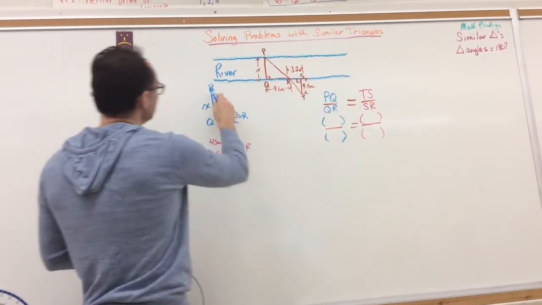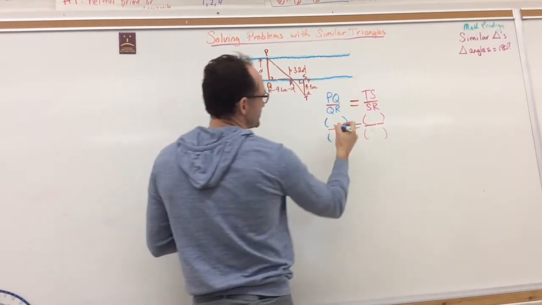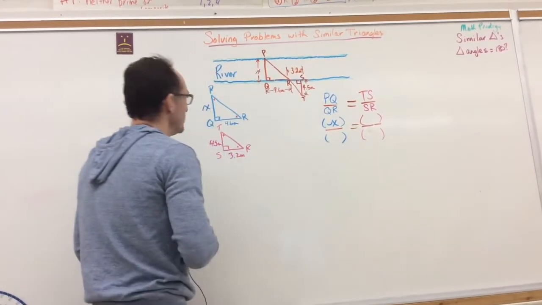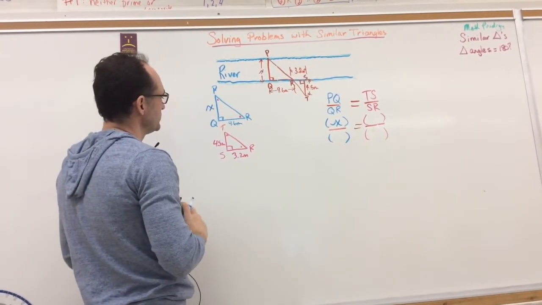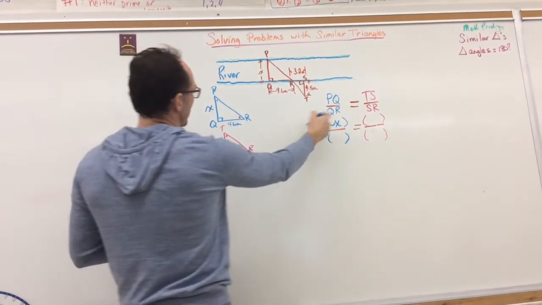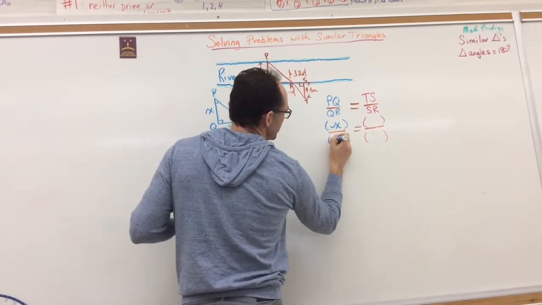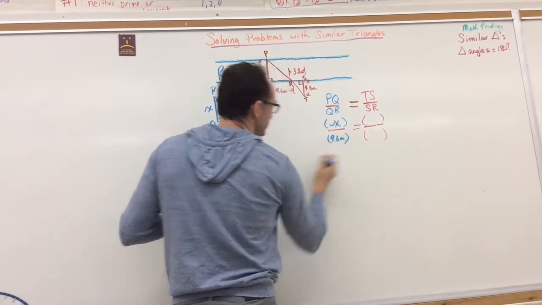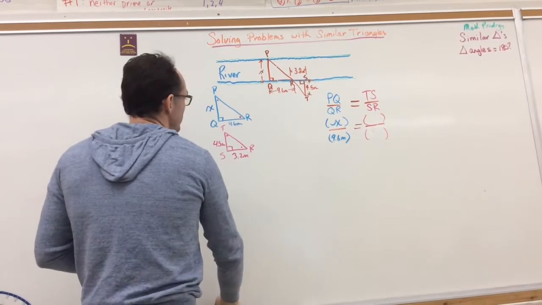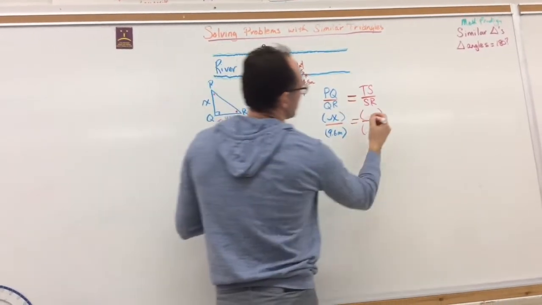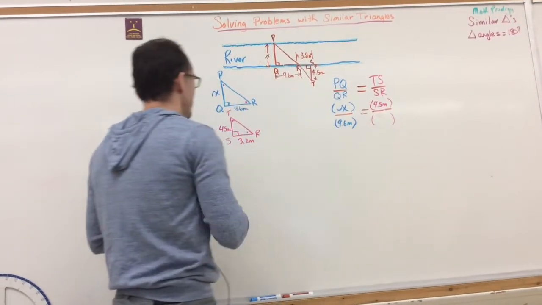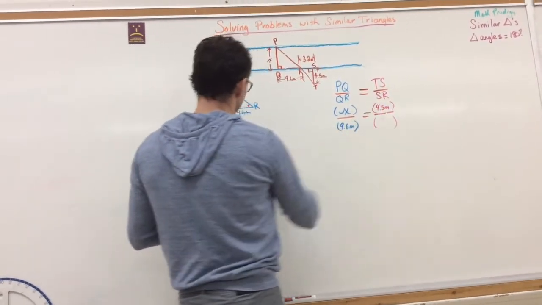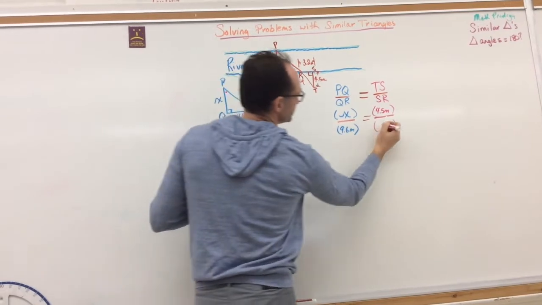PQ is X, which is still a variable. QR is 9.6 meters. TS is 4.5 meters. And SR is 3.2 meters.